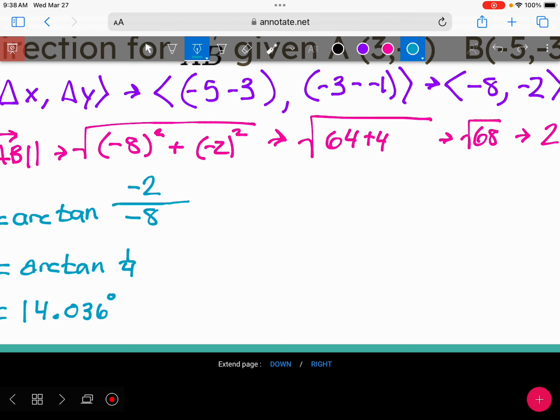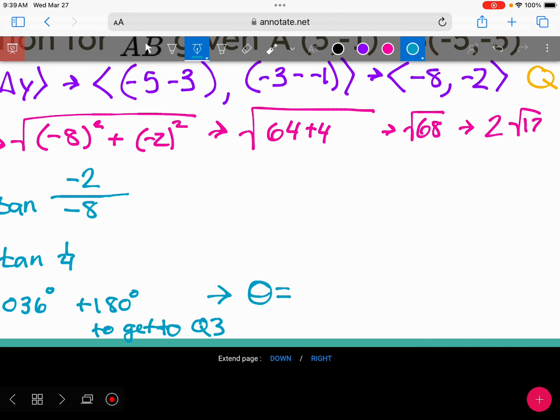So to get the other half, we're going to have to add 180 to get to Q3. So our angle is actually what? 194.036. That's a point. Looks like a comma from here.